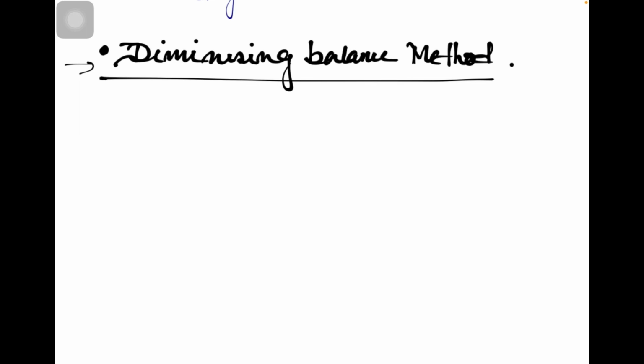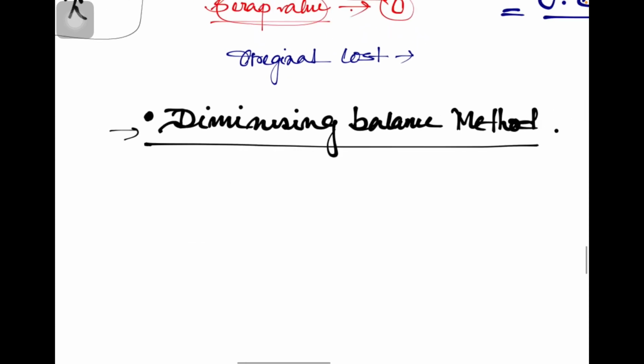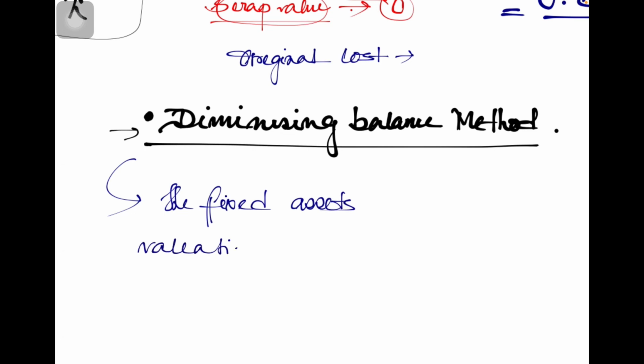The first condition under the diminishing balance method is that we believe the fixed assets valuation cannot be zero. We understand it.